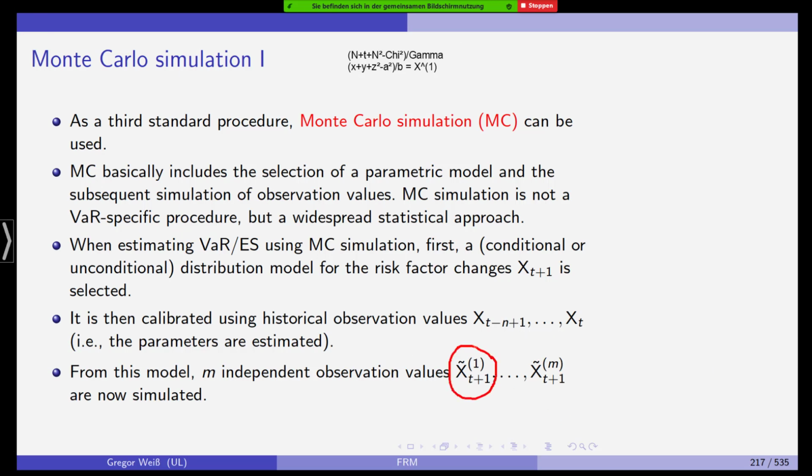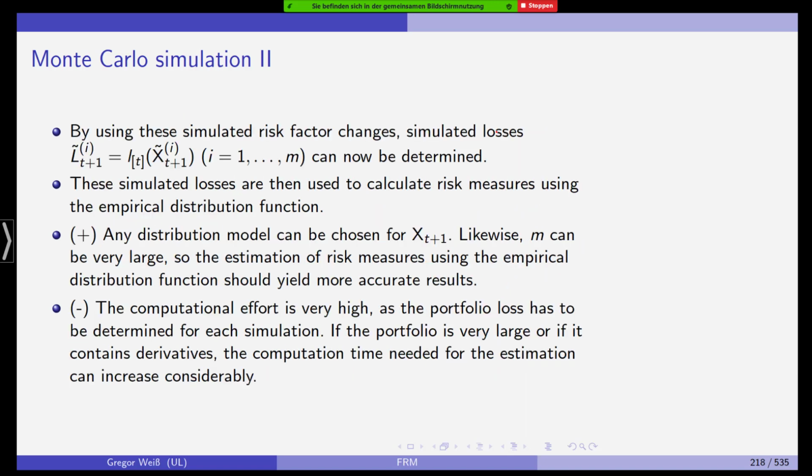And now you see that the Monte Carlo simulation only makes sense if you have a more complicated distribution that you are assuming, and for example, if it's a nonlinear risk mapping. But otherwise, it's the same as historical simulation, and then you can do Monte Carlo simulation. The advantage is that you can basically use any distributional assumption for your risk factors.